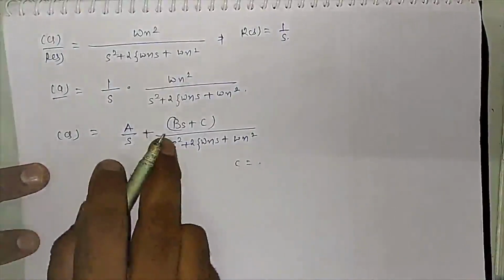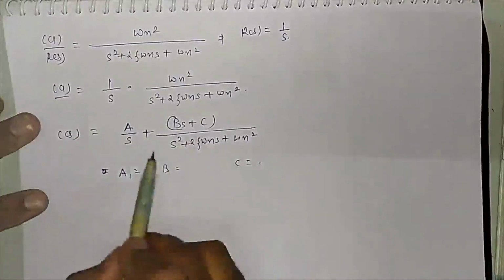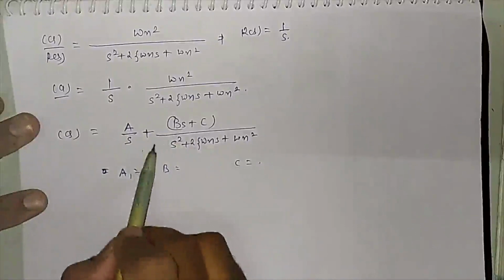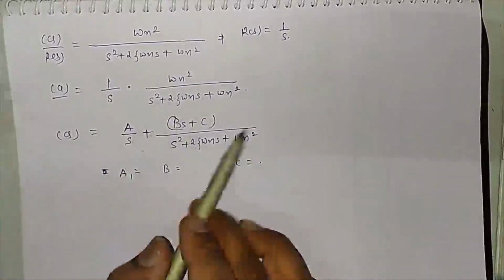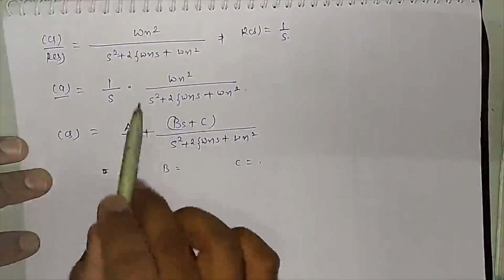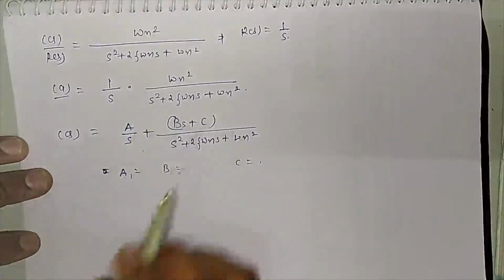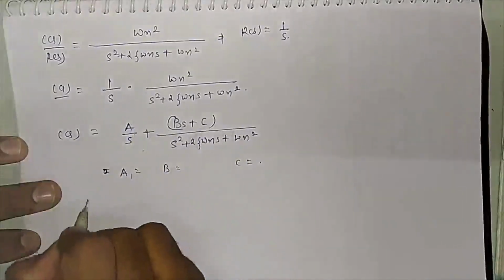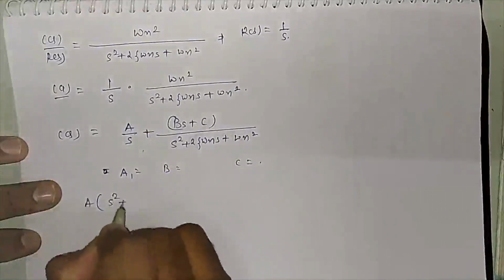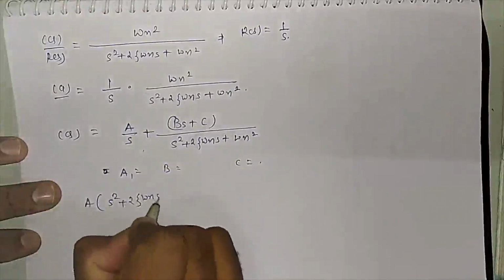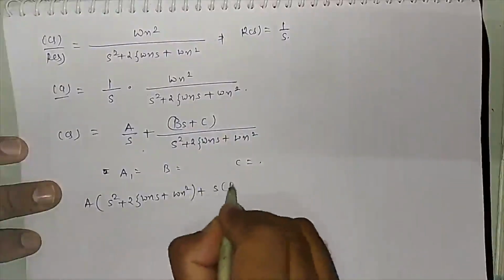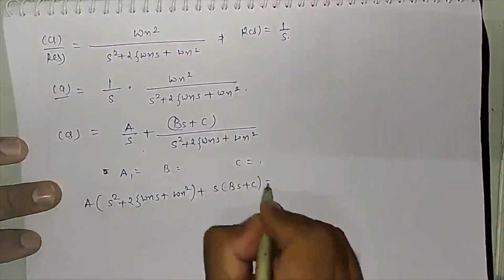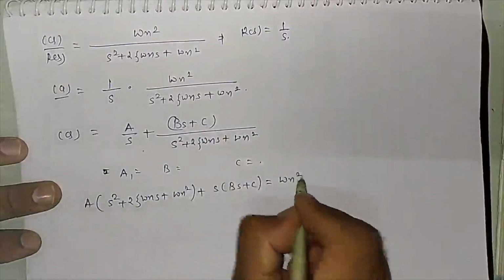Okay, with the help of partial fractions, what you have to do is cross multiply it and compare the numerators, since the denominator will be the same but the numerator will be different. So it will be like this: A into (s square plus 2 zeta omega n s plus omega n square) plus s into (Bs plus C) is equal to omega n square.